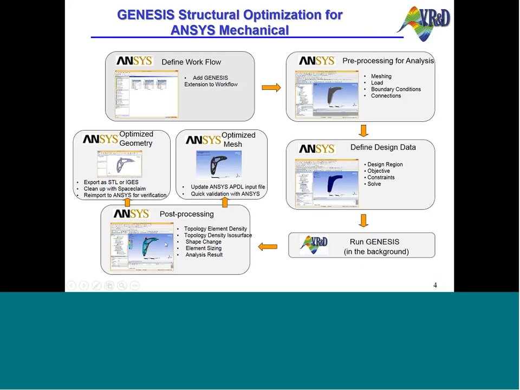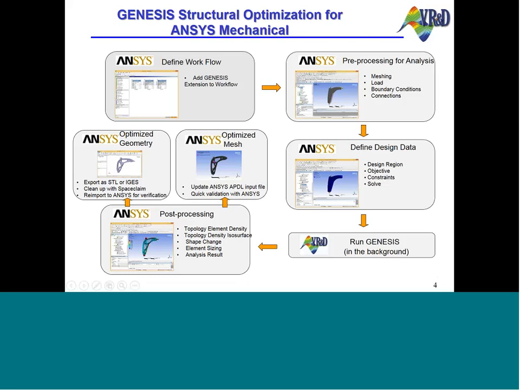Once optimization is finished, you can go to do the post-processing within ANSYS. You can check, for example, topology density isosurface results, or you can check the shape change results or other analysis results.